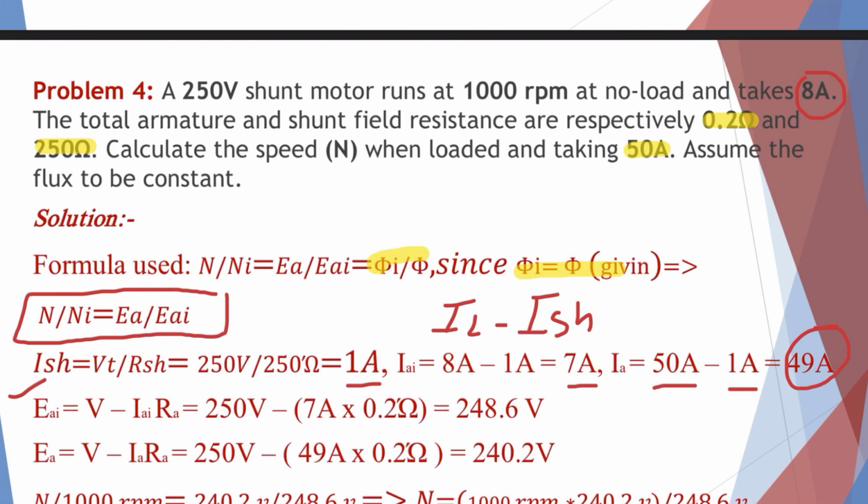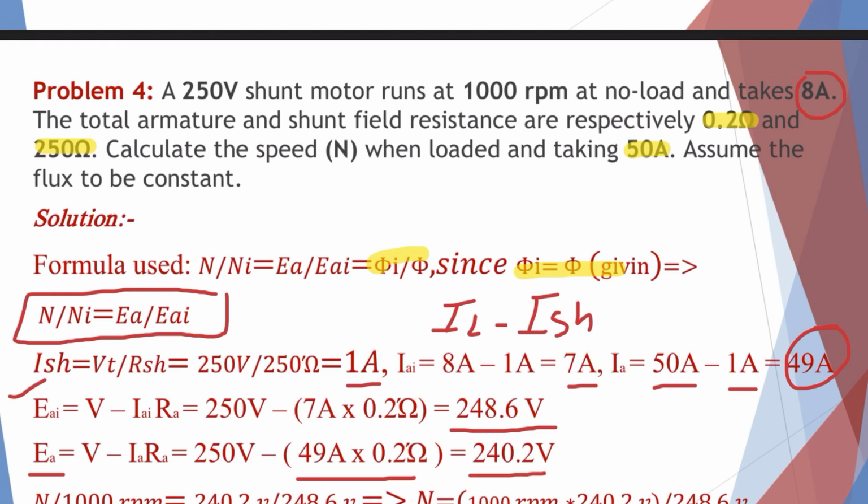Then we have to find EA1, which equals V minus IA1 multiplied by RA: 250 minus 7 multiplied by 0.2, where this is RA. It will be 248.6 volts. Again the same equation, EA will equal 250 minus 49 times 0.2, just changing the value of the armature current to 49.